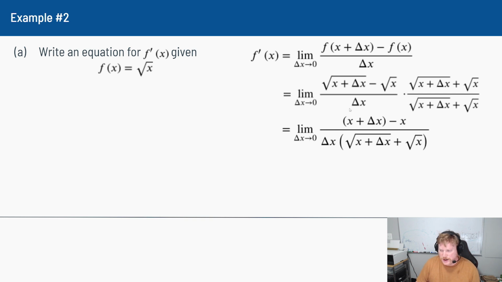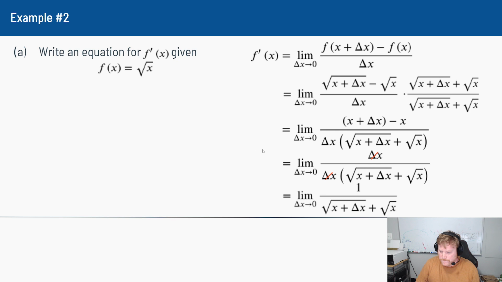In the denominator, we actually won't distribute that delta x because we are hoping that delta x will cancel out with something in the numerator. And after a little bit of algebra, we see that only delta x is left in the numerator, and so those can cancel. And then applying my limit, as delta x goes to 0, I get 1 over 2 square roots of x. So this would be my function f prime, which is the derivative of the square root of x.